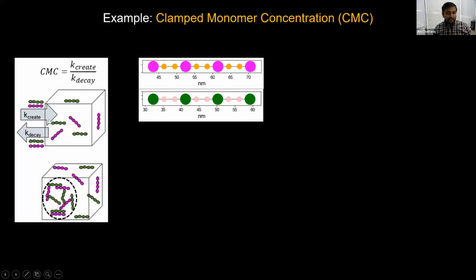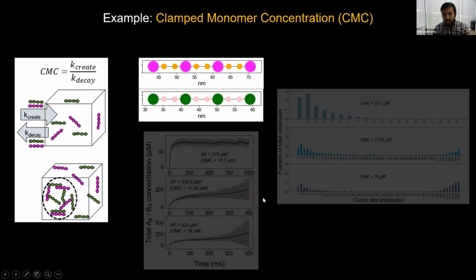One rule will inject molecules into the simulation box, and another rule will take molecules out of the simulation box. We have this creation and decay. The idea here is that these rates would be high enough so that at any time point, the concentration of the monomer would be fixed, right? This approach we call clamped monomer concentration.